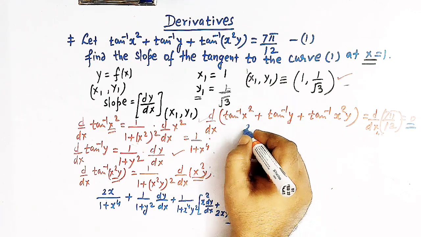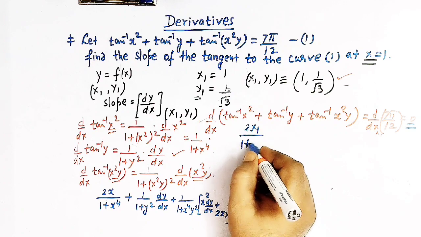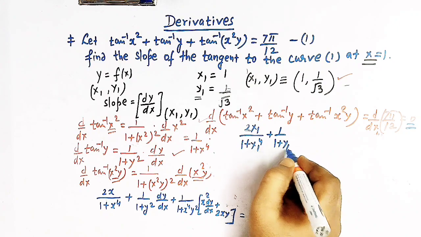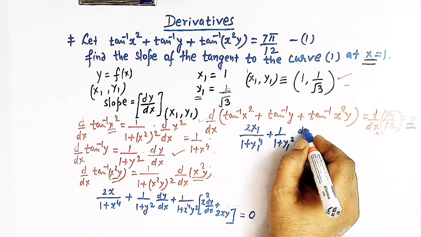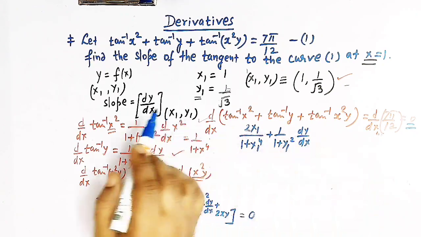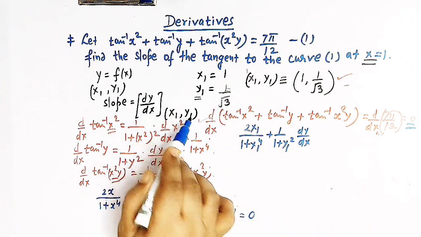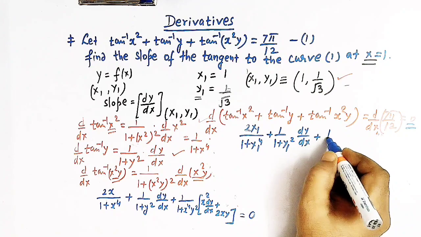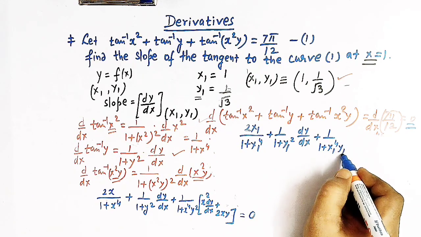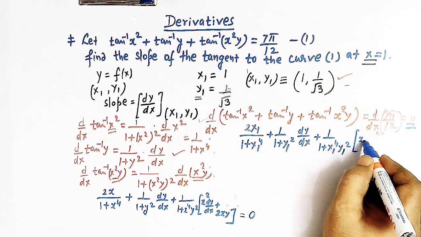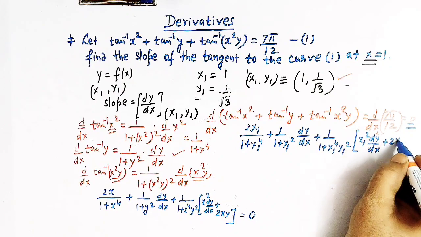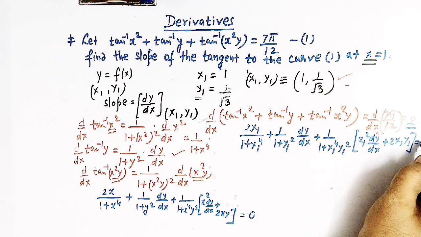So we have 2x1 over 1 plus x1 raised to 4 plus 1 over 1 plus y1 square and dy over dx, and this dy over dx is the slope at this point x1 y1, and then we have 1 over 1 plus x1 raised to 4 y1 square, and then we have x1 square dy over dx plus 2 x1 y1 is equal to 0.